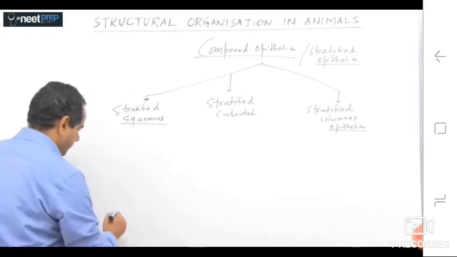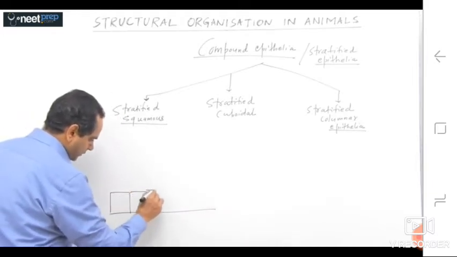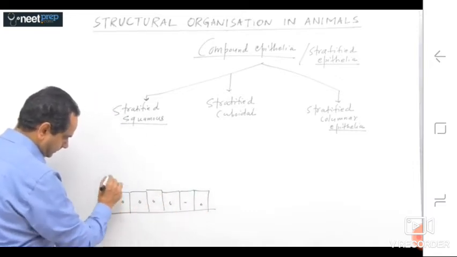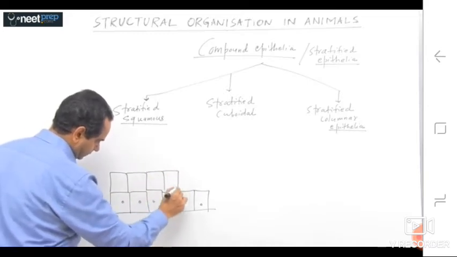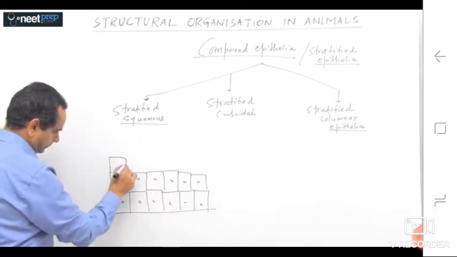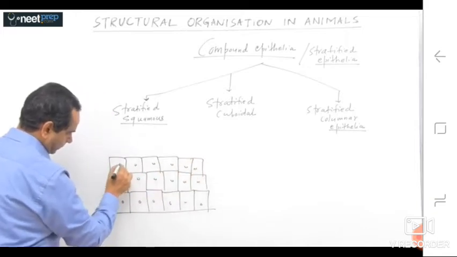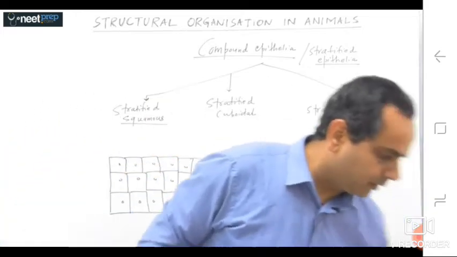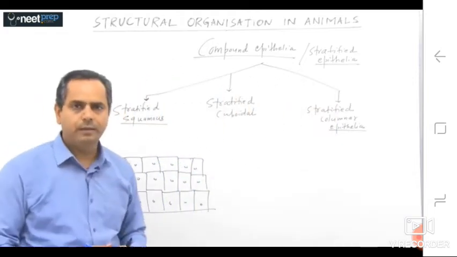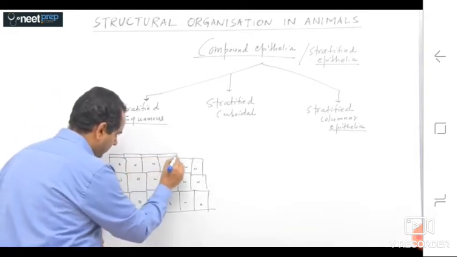What is that? Suppose this is the basement membrane and the cells are arranged like this. And the apical layer, basal layer can be cuboidal, can be columnar, but the apical layer remains flat.